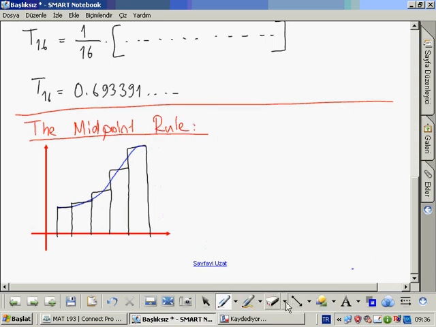Now we will take the midpoints of the rectangles.